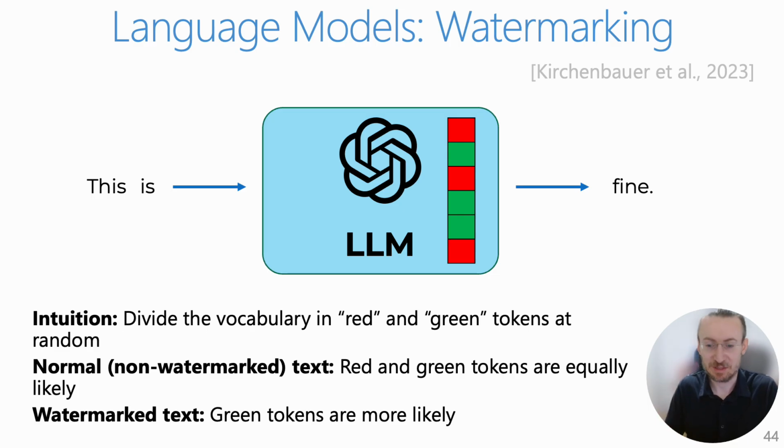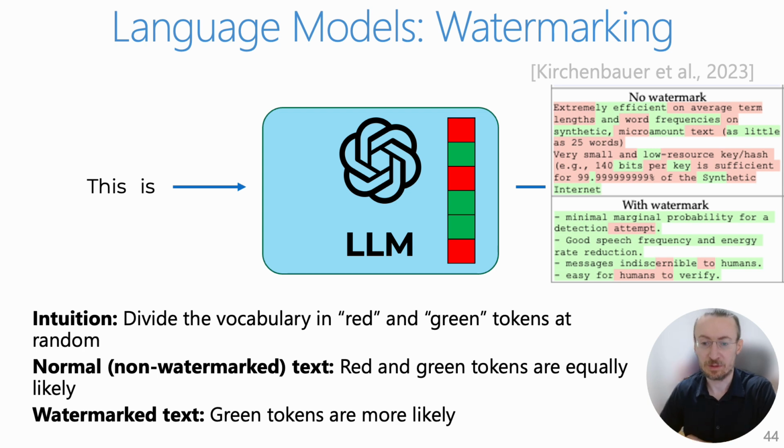If you read my text, you probably won't find any sign of too many green tokens. Usually you would have the same number of green and red tokens. However, if you have text generated using this method, then you have many more green tokens. They are much more likely than the red tokens.